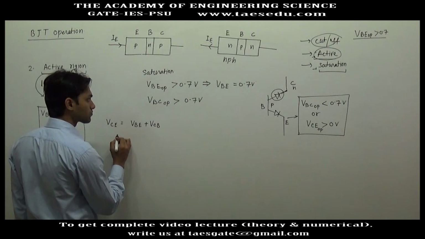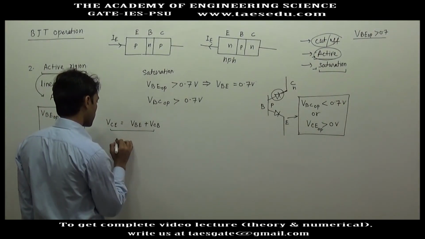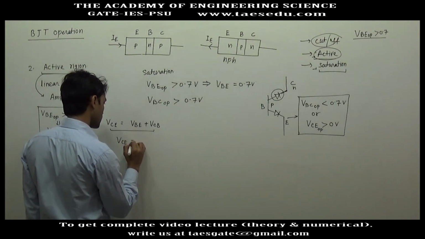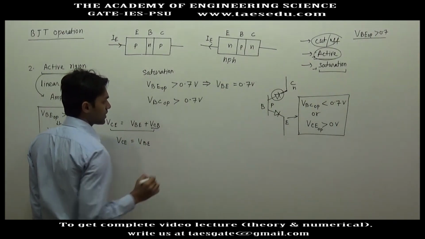So this can also be written as VCE is equal to VBE, and VCB will be minus of VBC.